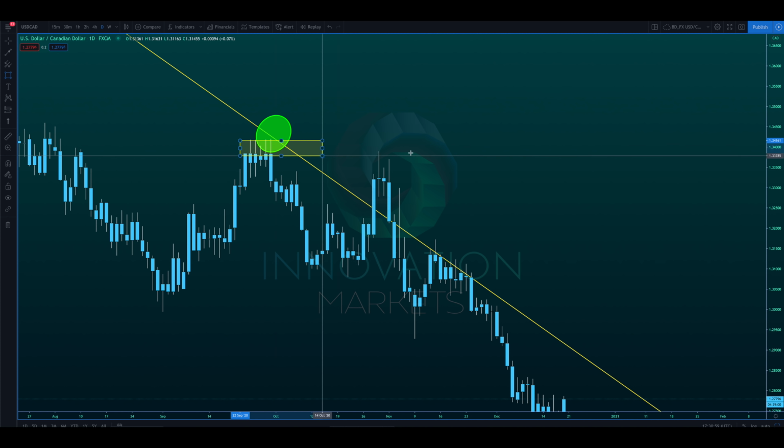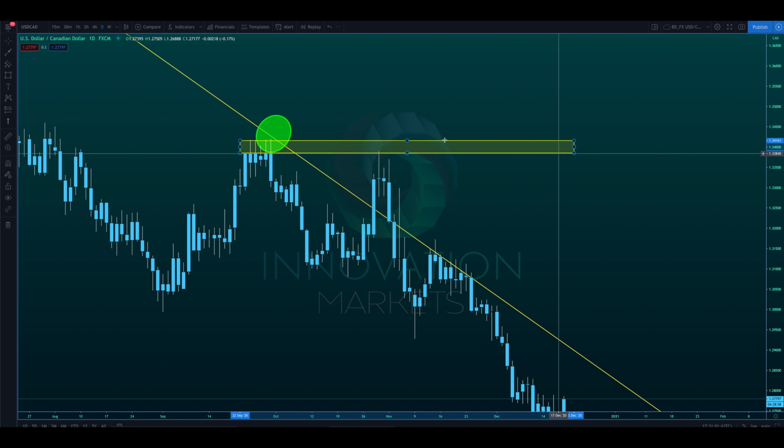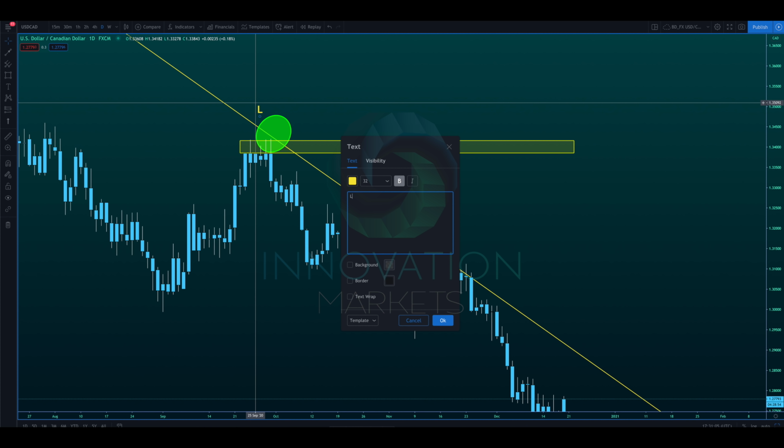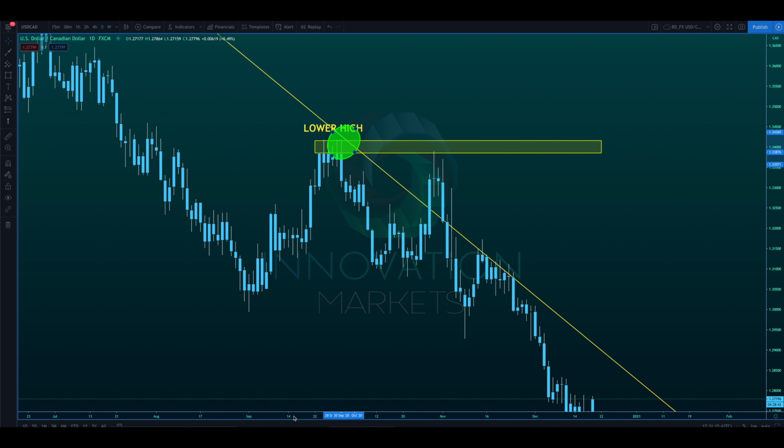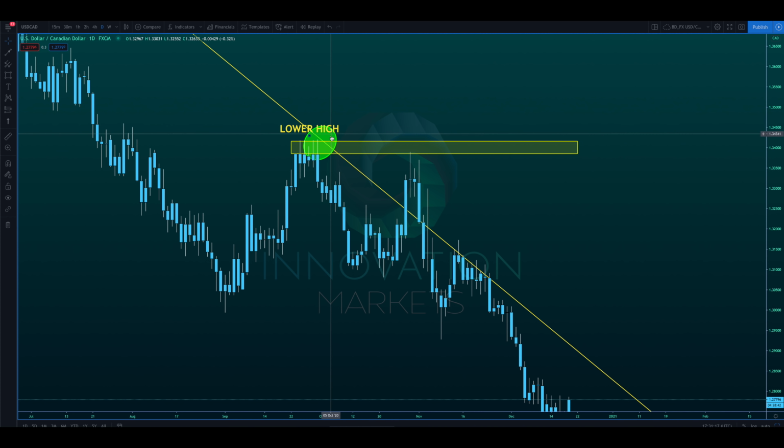Quite clearly, in market structure, this is the last lower high. Price can come as far as this lower high and still be classed as a downtrend.